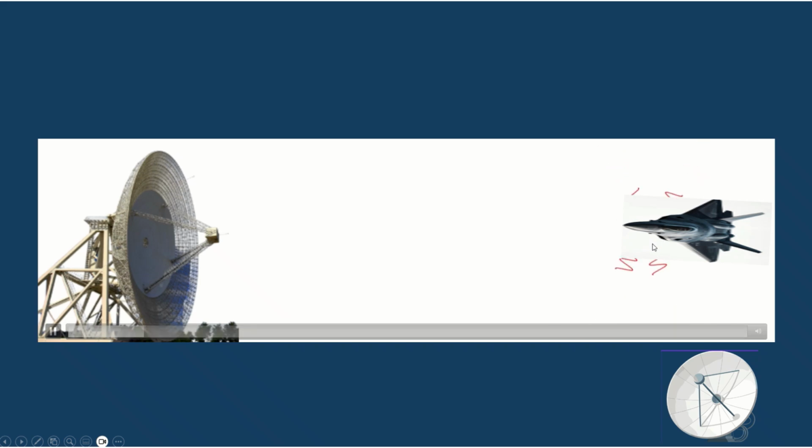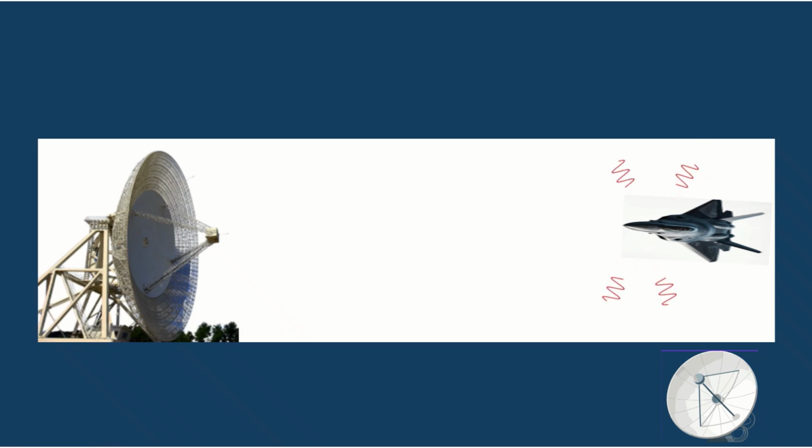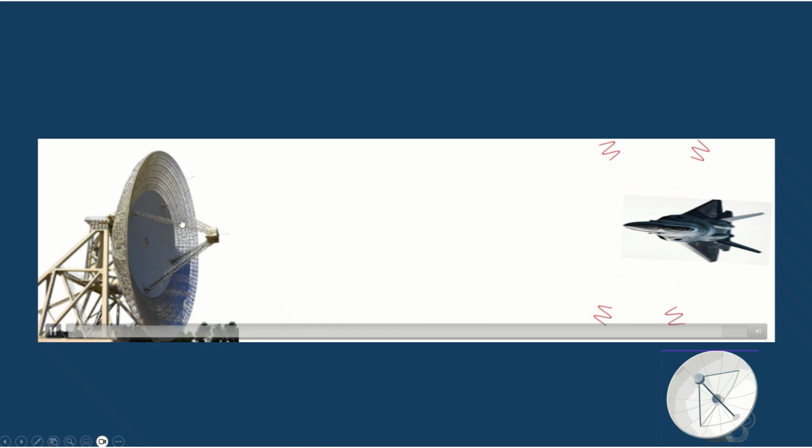So bistatic radar can detect even the stealth aircraft because we are placing the transmitting antenna and the receiving antennas at different positions. In the case of stealth technologies, most of the concentration is on avoiding the back reflections, but there will be some scattering. So if you use the bistatic radar, we can always detect the scattering.